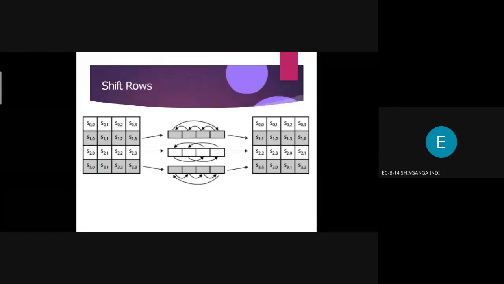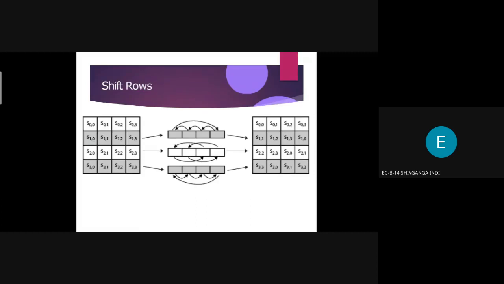By using this diagram we understood the concept of shift rows. The first row stays as it is, so we put the first row as S00, S01, S02 and S03.